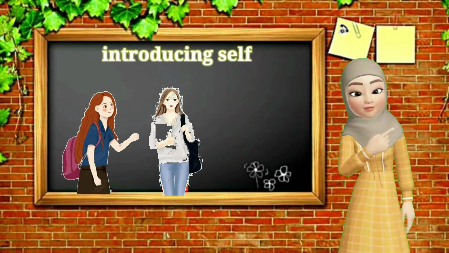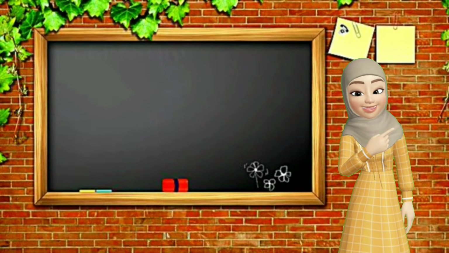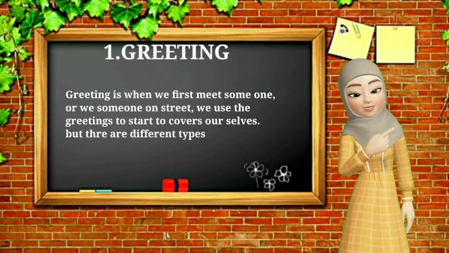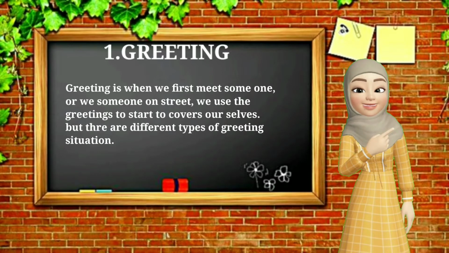Let me start with the basic self-introduction. First, when you want to introduce yourself, you can start with a greeting. A greeting is what we use when we first meet someone or find someone on the street, to start a conversation.